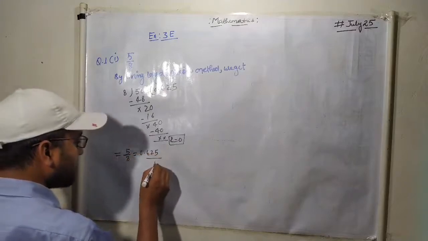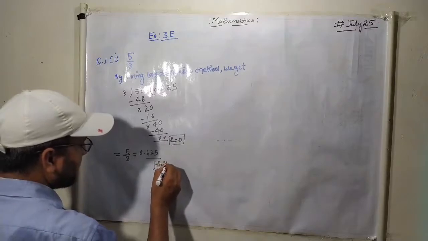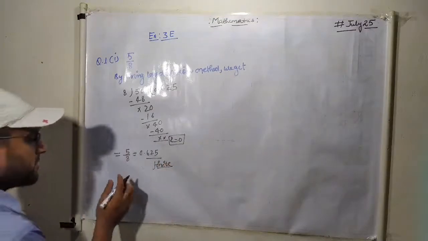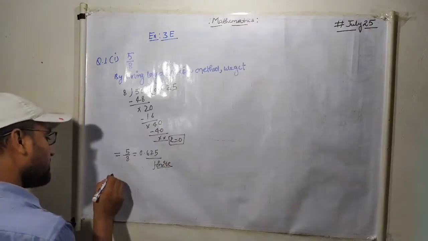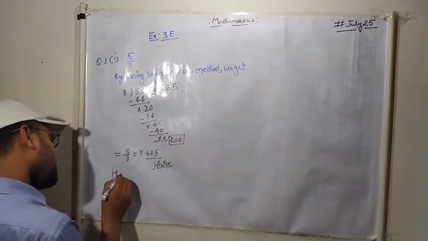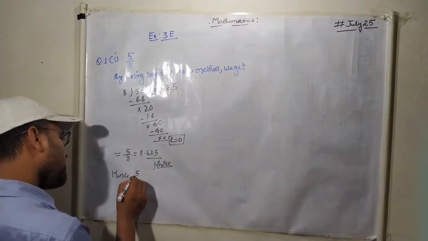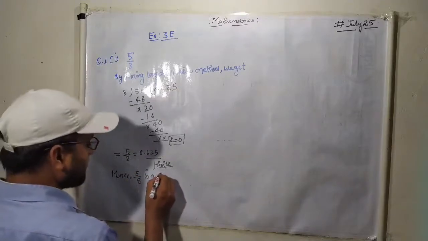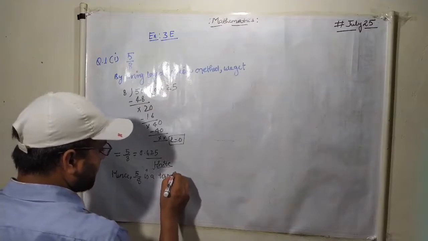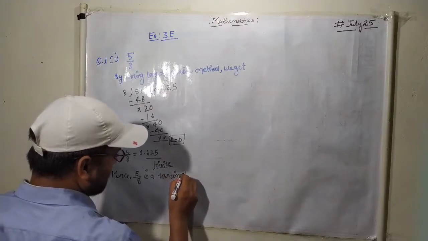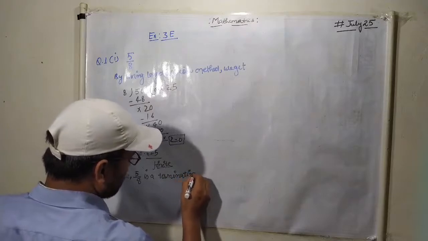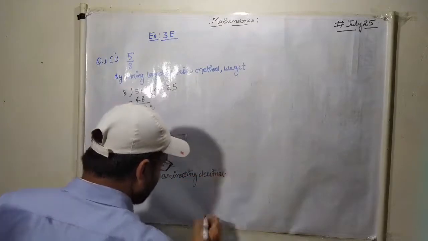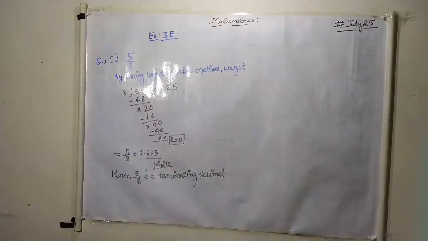It is a finite number of decimal places, there are 3 decimal places. Hence 5 upon 8 is a terminating decimal.